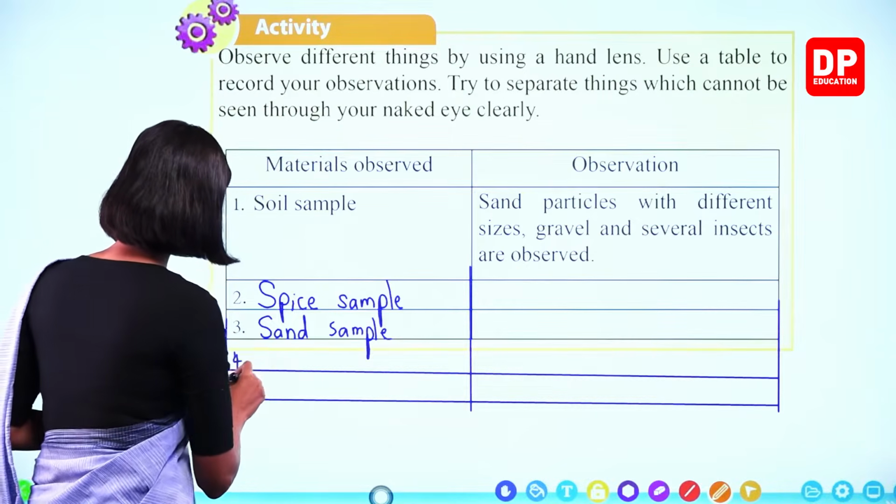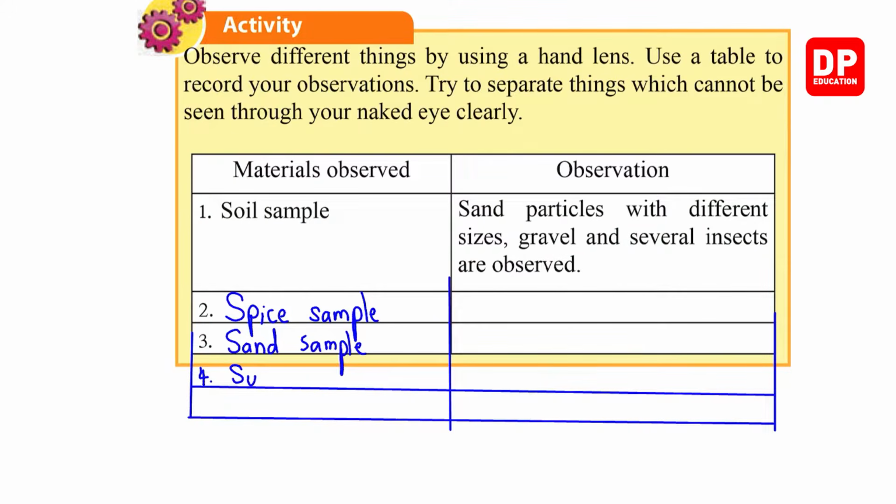Number 4, we used sugar sample. We used sugar, brown and white sugar mixed together, remember? Sugar sample. And then chemical substances mixed together. Chemical sample, or chemical mixture.